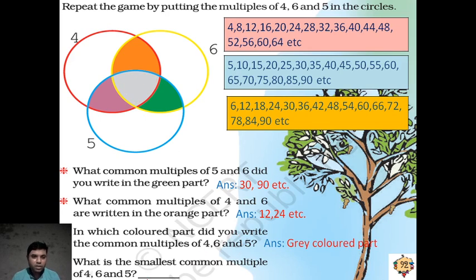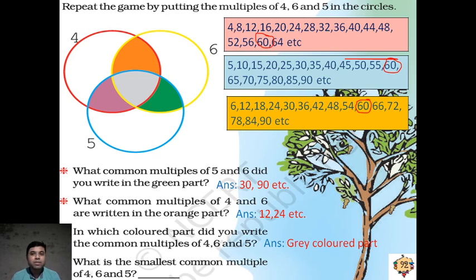Next, what is the smallest common multiple of 4, 6 and 5? Smallest common multiple, that means least common multiple, that is the LCM. So it will be what? First we have to find the common multiples. Here, 60 is a multiple of 4, 60 is a multiple of 5, and 60 is a multiple of 6.